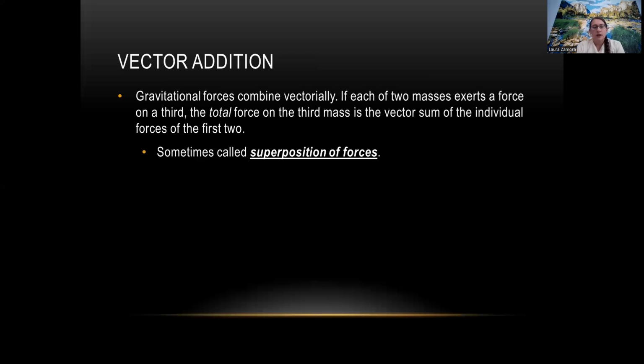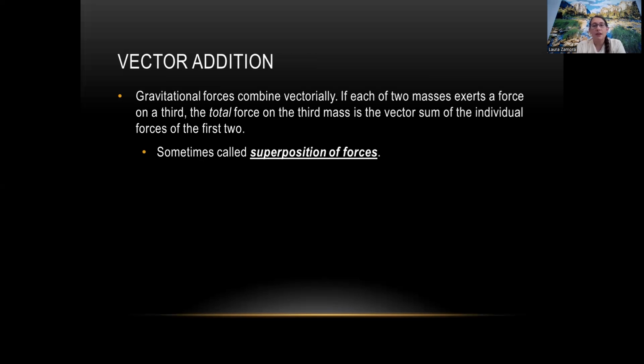Okay. So moving on a little bit from this potentially tricky problem. If we have multiple objects that are causing a gravitational attraction on some smaller object, we can combine these gravitational forces using vectors.